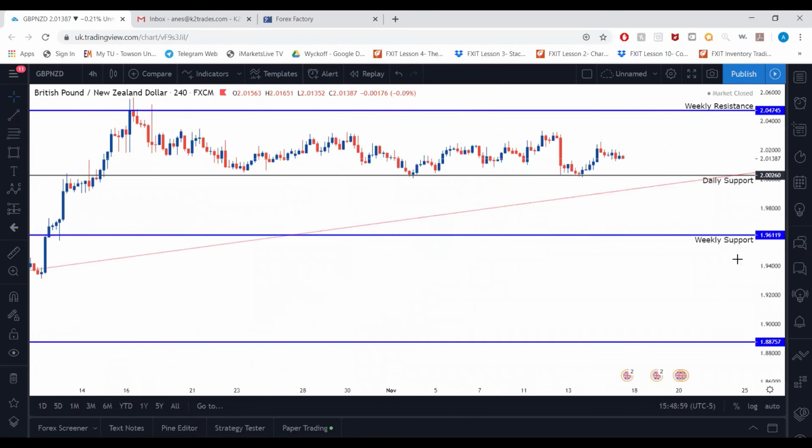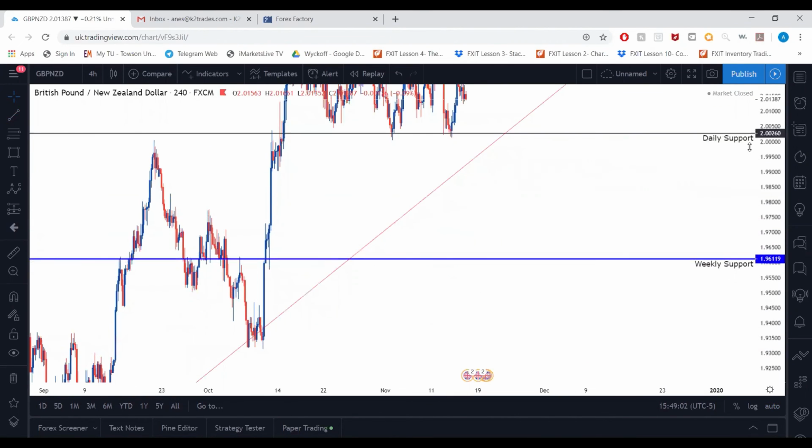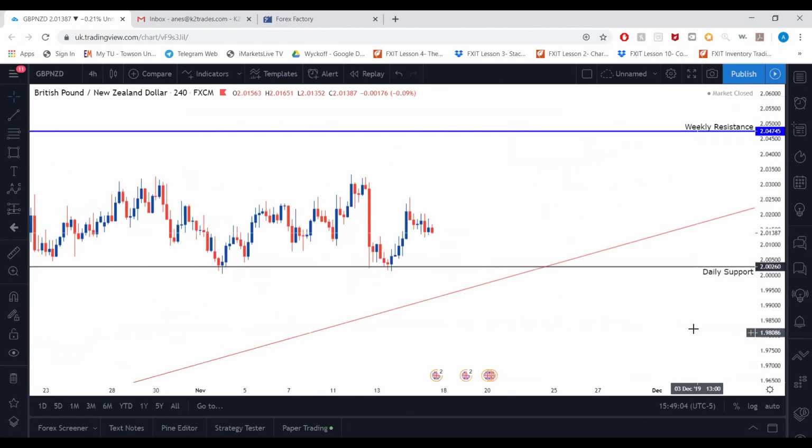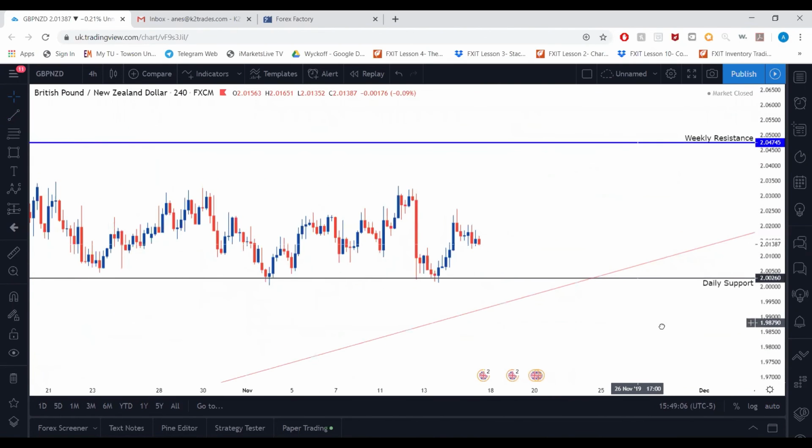So for GN, one of my favorite pairs, we are in this current zone.